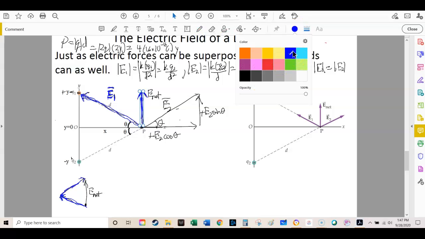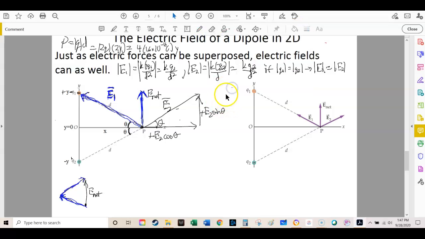All right. Anyways, the arrow pointing to the left of E1 is going to be negative E1 cosine of theta. And the arrow pointed up of E1 is going to be positive E1 sine of theta. All right?